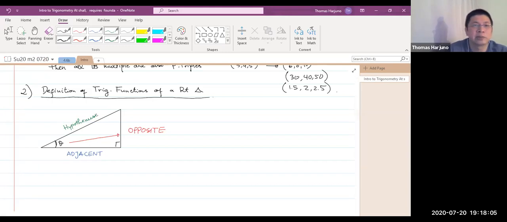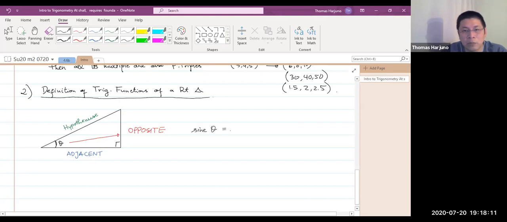Now, sine theta, denoted by sin theta, is defined, in a right triangle again, to be the opposite over the hypotenuse.